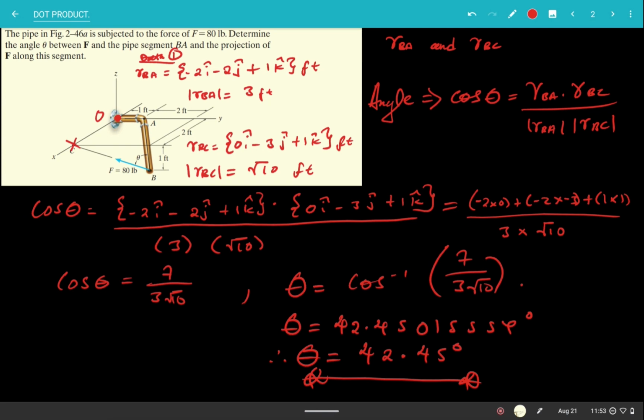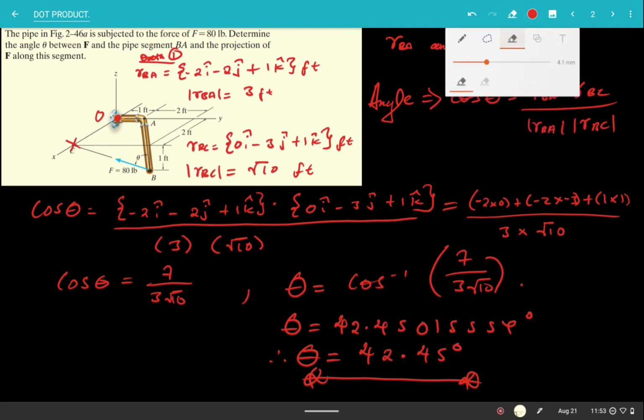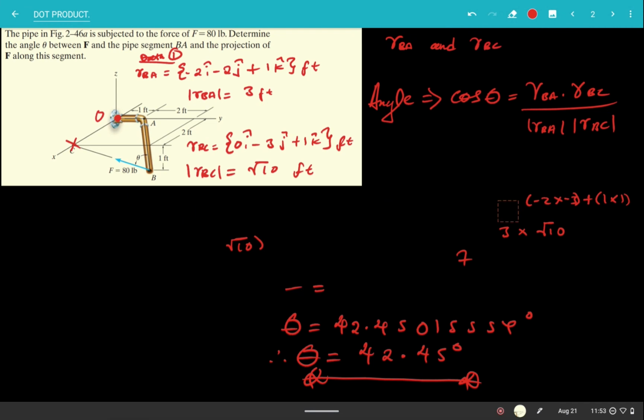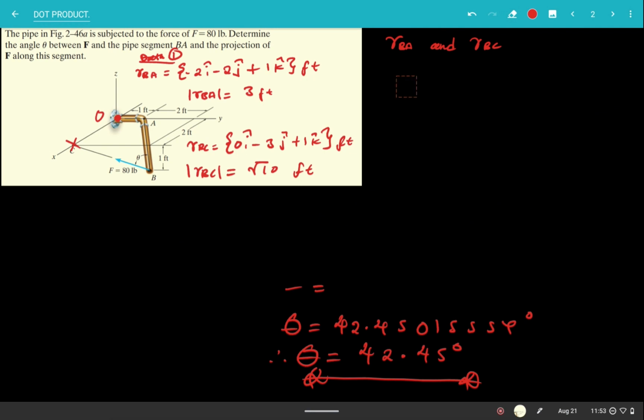Now that we have the angle, we can find the projection of the given force. How are we going to find the projection of the given force? Alright, so I need you to understand something.